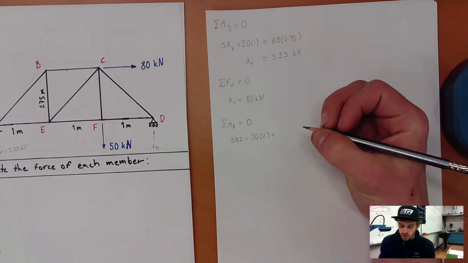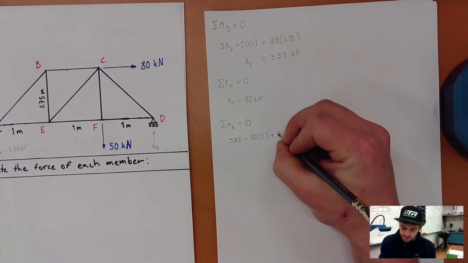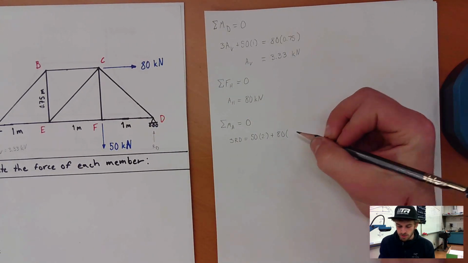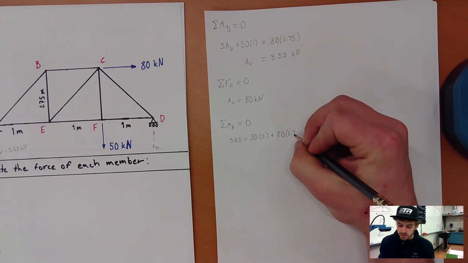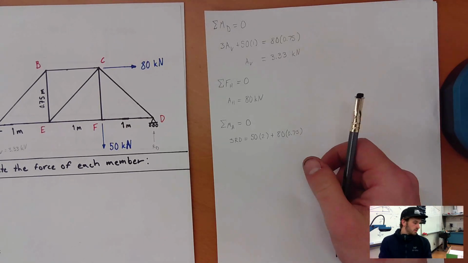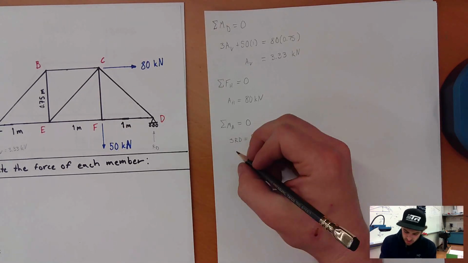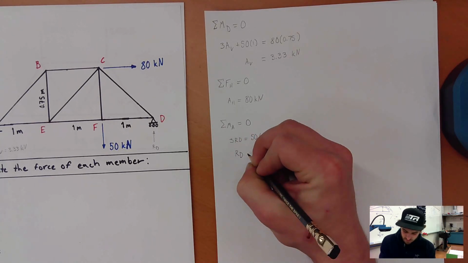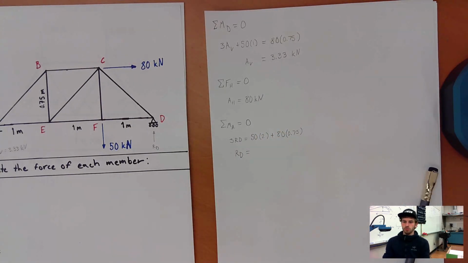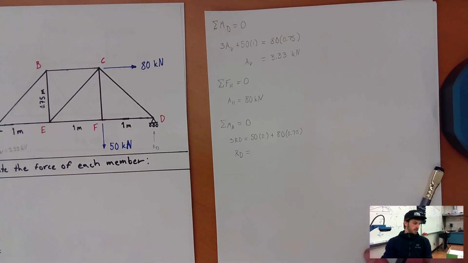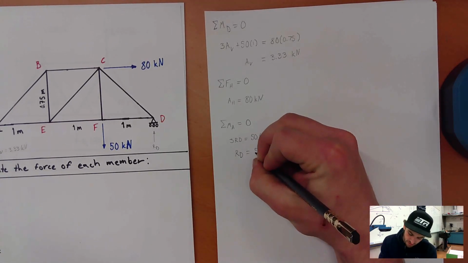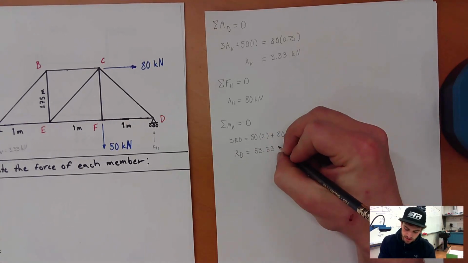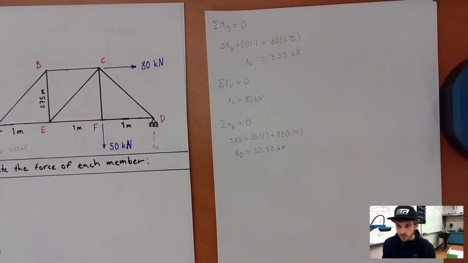We need to add that to our 80 kilonewtons in the horizontal direction multiplied by that 0.75. And that will give us our RD. If you go in your calculator, RD is going to be equal to 53.33, forever repeating, kilonewtons.